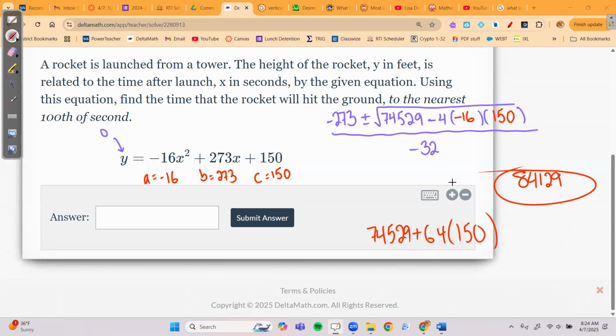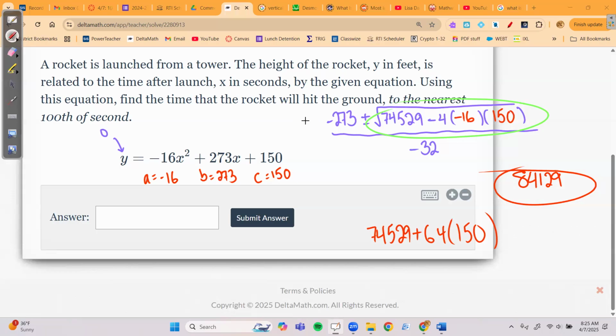What is this number? What does it take the place of? Everything inside the square root, everything I'm about to place in this large green egg, is about to be replaced with one number, 84,129. So the calculator, any calculator, is only as good as the knowledge of the person using it.